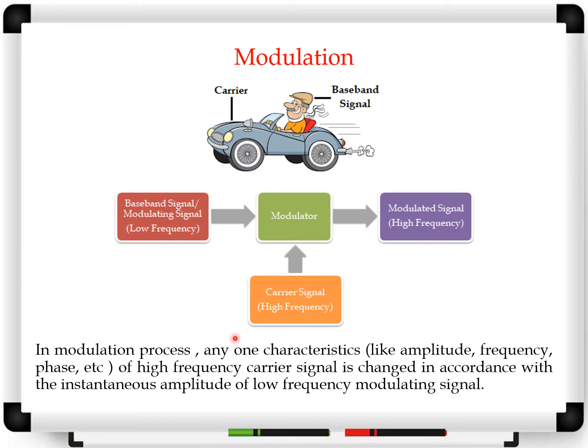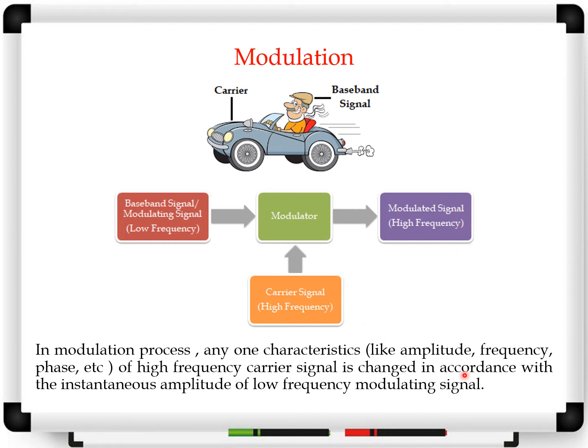And these are changed in accordance with the information signal, that is baseband signal, or more precisely, the instantaneous amplitude at any given time instant of that modulating signal, and it will generate the resulting signal, that is called modulated signal.